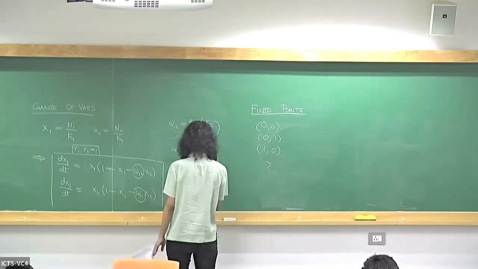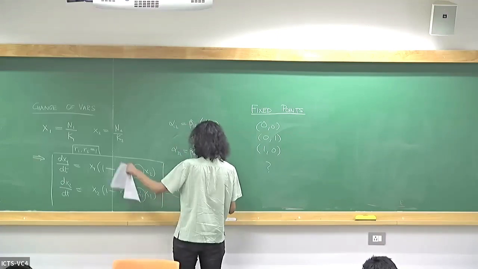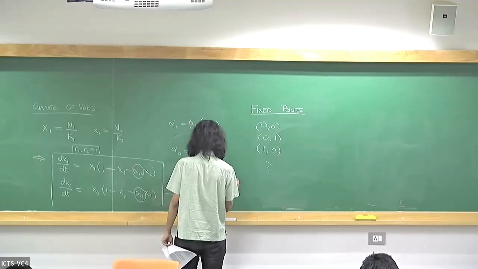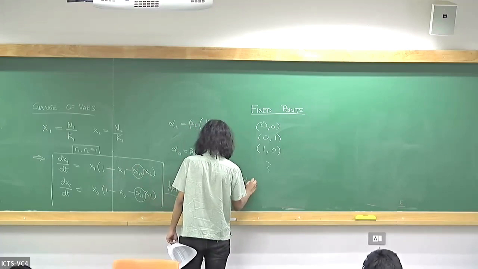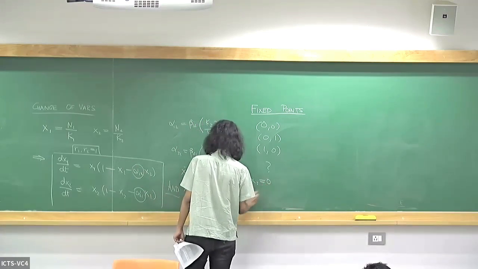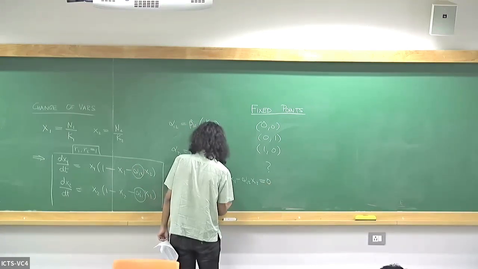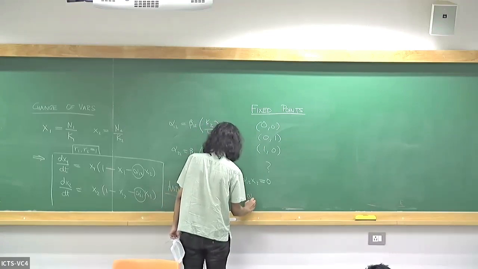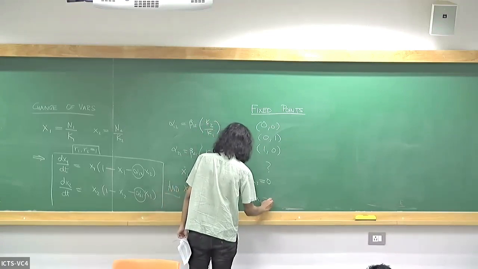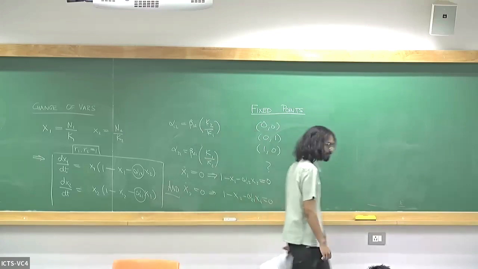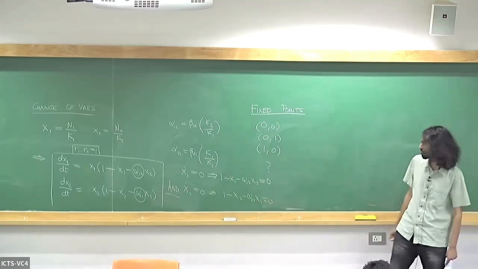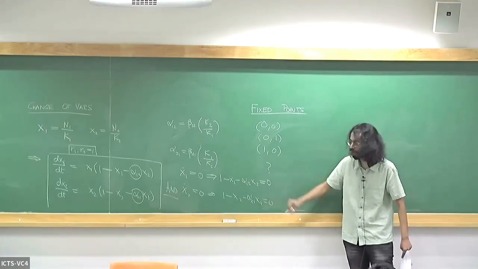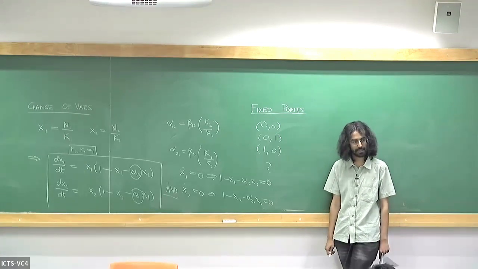And that gives us some conditions. First one gives me this condition. The second one gives me that condition. Right? And now I need to simultaneously solve both of these things to get what I need.